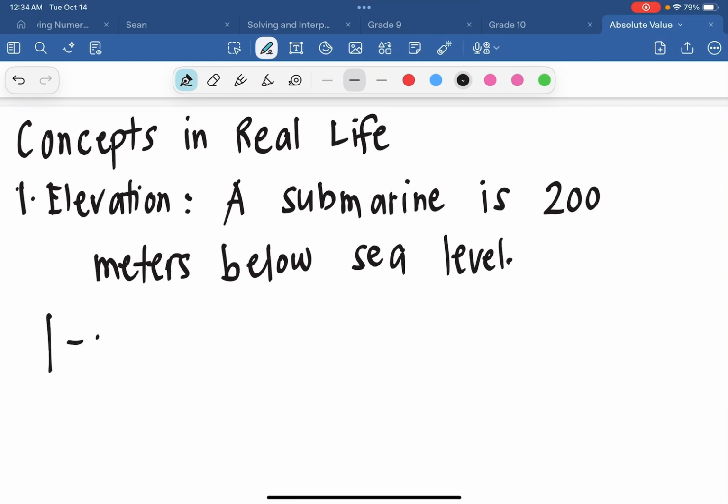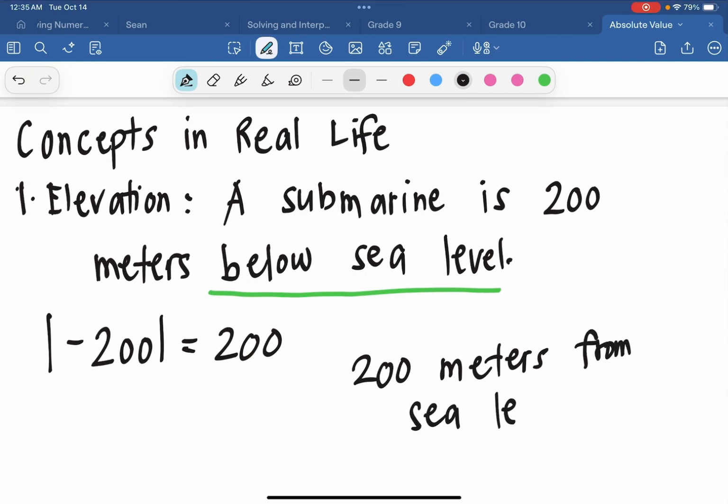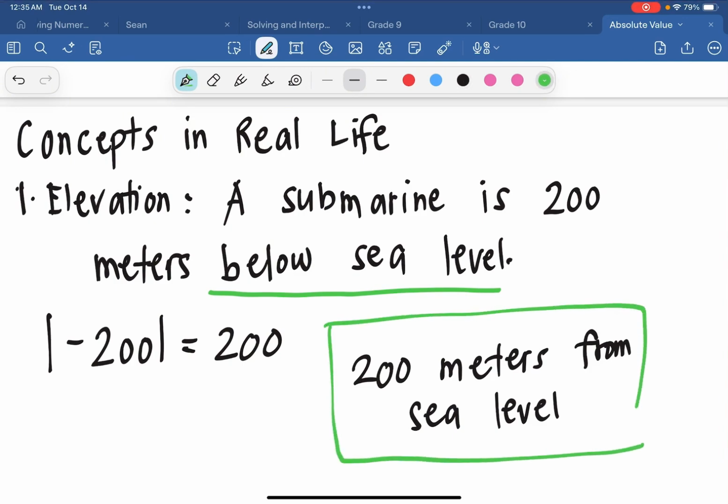Absolute value of -200, because again, we have here below sea level, and when you go below, it is negative. Now, since the absolute value of negative 200 is 200, based on the concept, we can say that it is 200 meters from sea level, regardless if we are talking about above or below sea level.